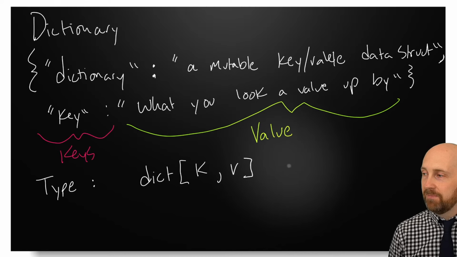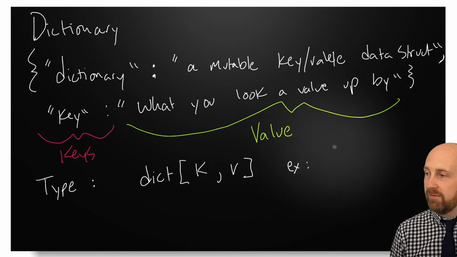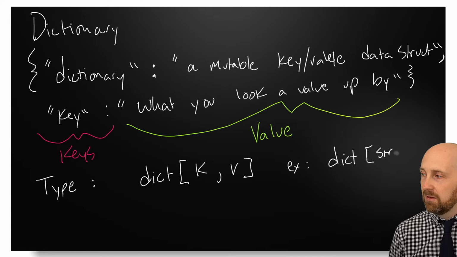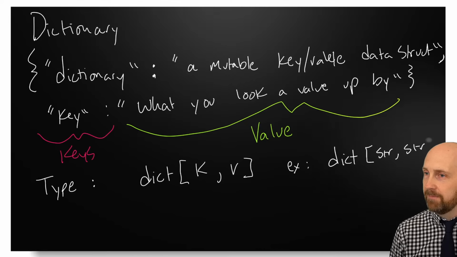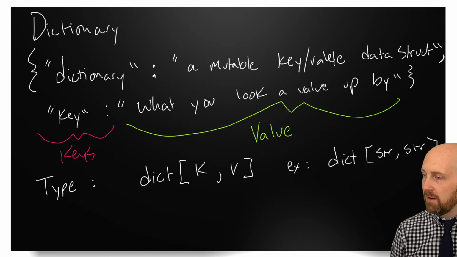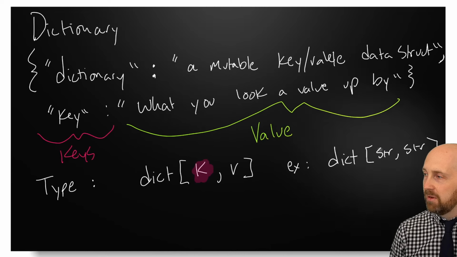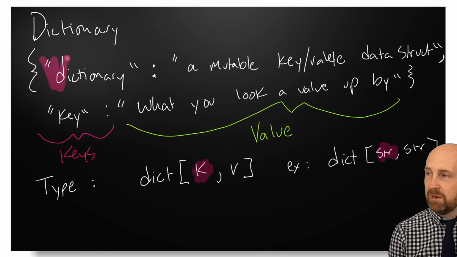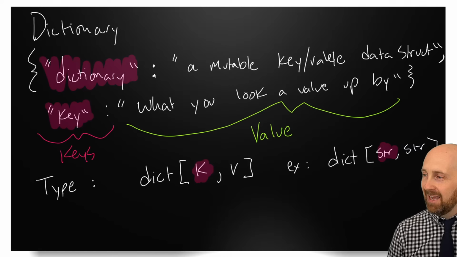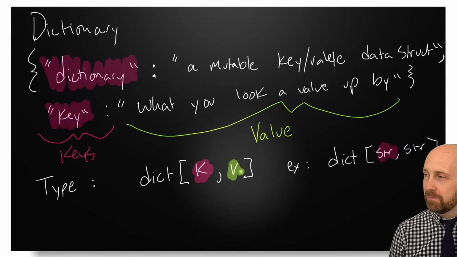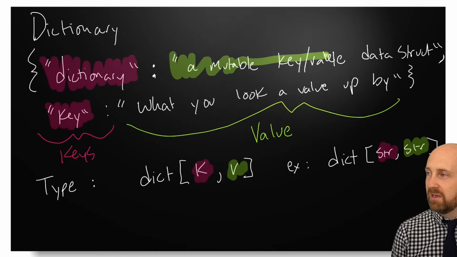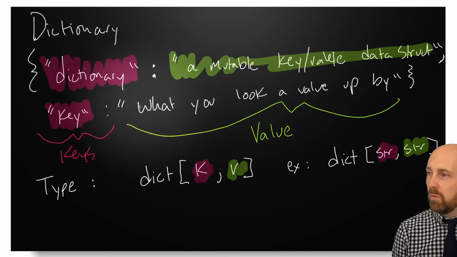So in this example, we would have a dictionary whose key type is a string and whose value type is a string. And if I were to highlight this real quick, the key type is whatever type we're saying, this is what we're going to be able to look the values up by. And then our value type is whatever we associate with a given key.